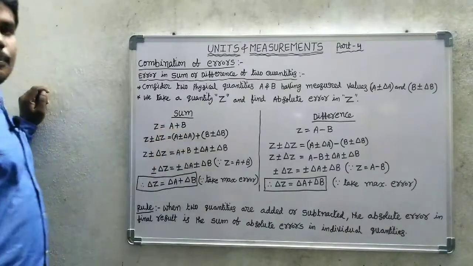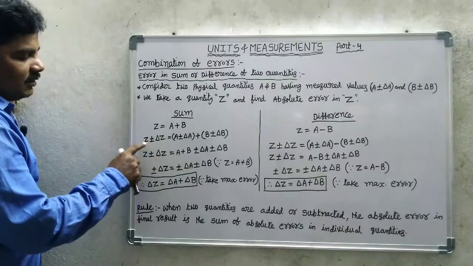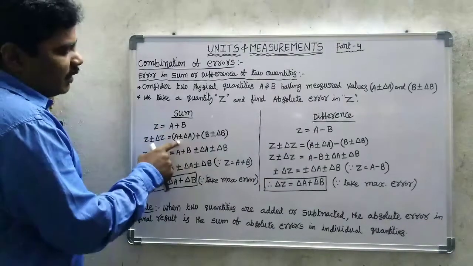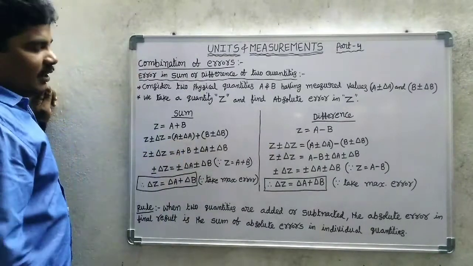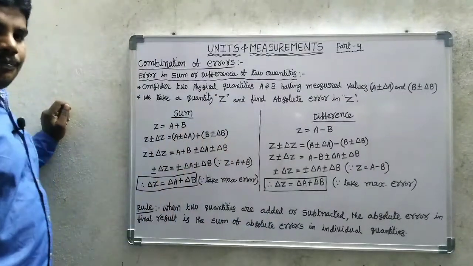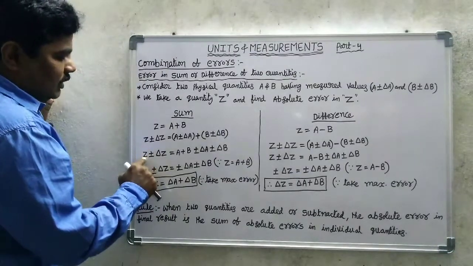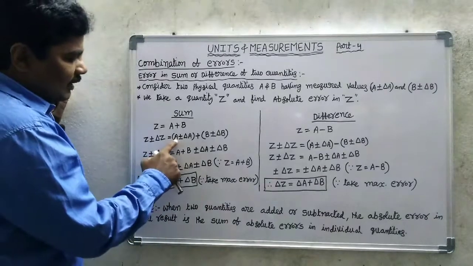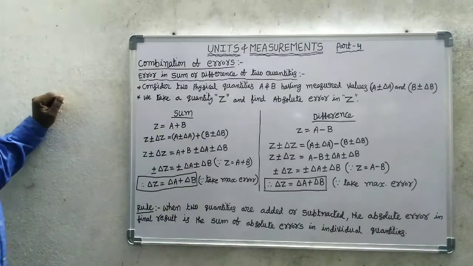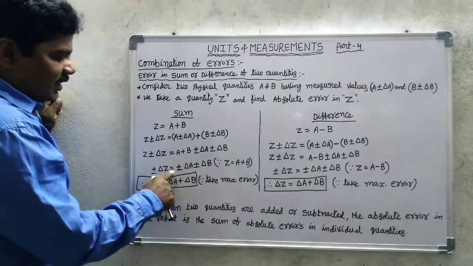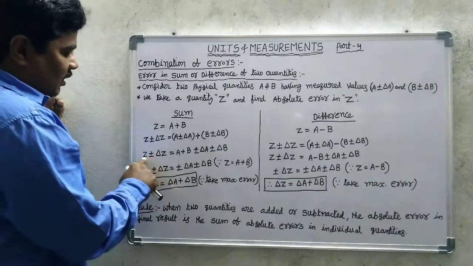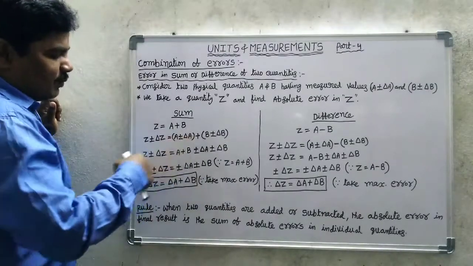The measured value in Z is represented by Z plus or minus delta Z, which is equal to the measured value of A, A plus or minus delta A, plus the measured value of B, B plus or minus delta B. Now Z plus or minus delta Z is equal to A plus B plus or minus delta A plus or minus delta B. Then plus or minus delta Z is equal to plus or minus delta A plus or minus delta B, because already Z is equal to A plus B. That A plus B, this A plus B will be cancelled.